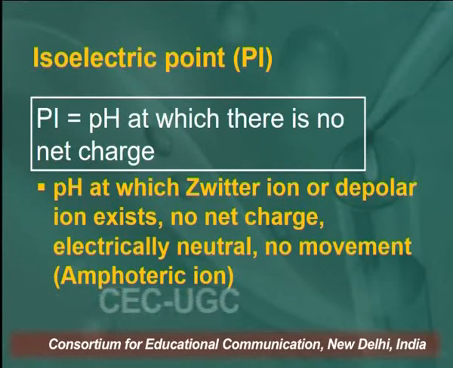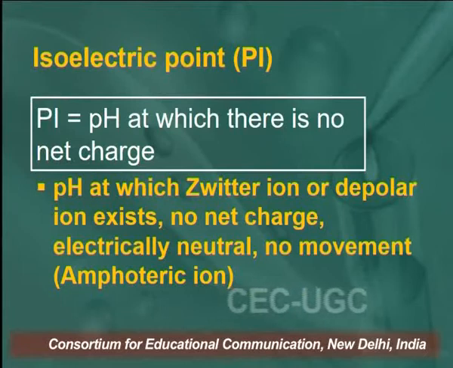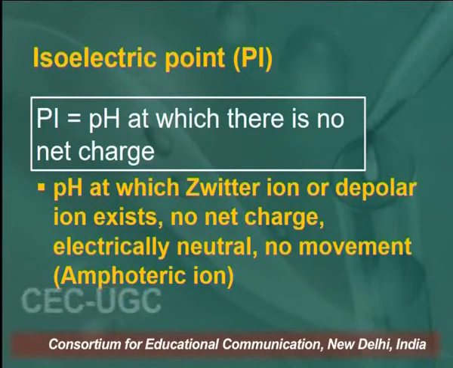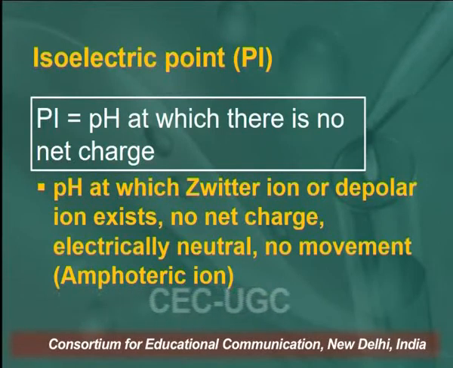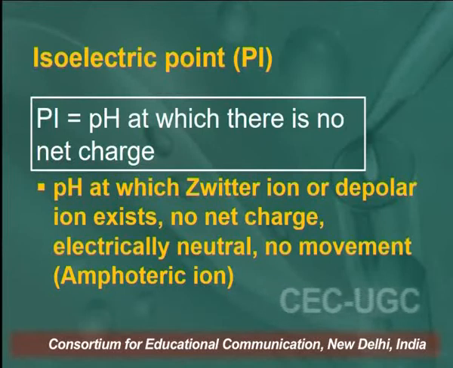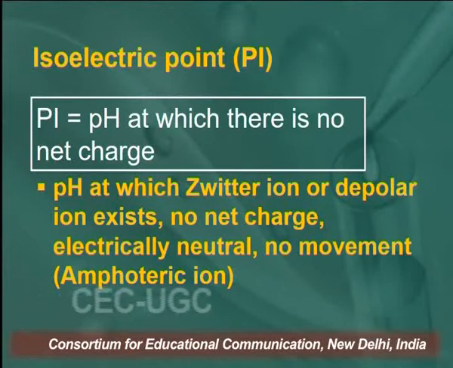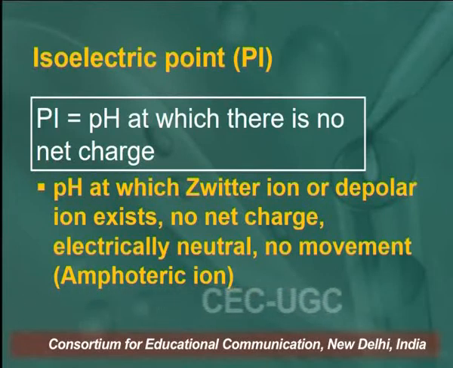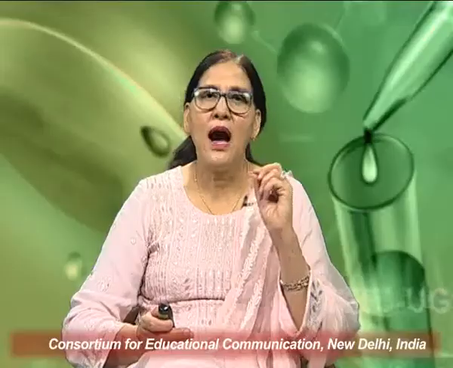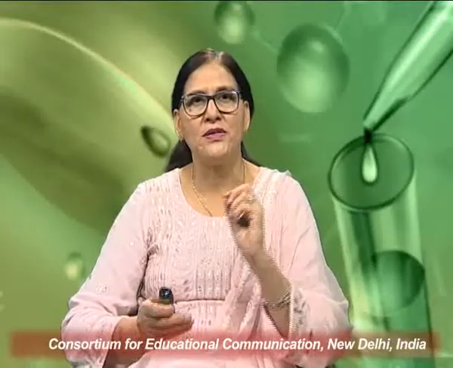Because of this, the Zwitter ion is also called an amphoteric ion or dipolar ion. So the pH at which we get a Zwitter ion or amphoteric ion is called the isoelectric point.